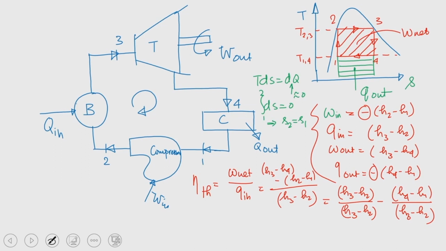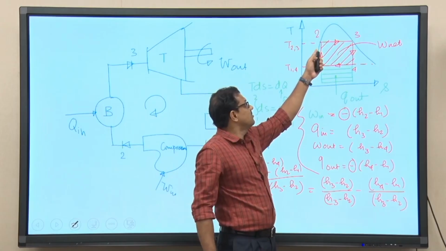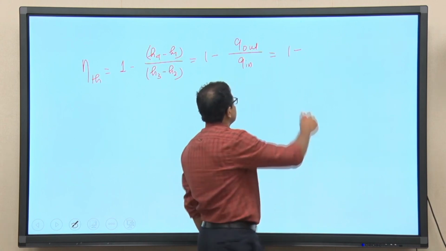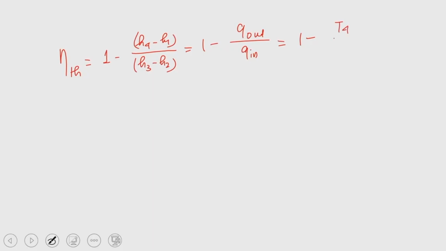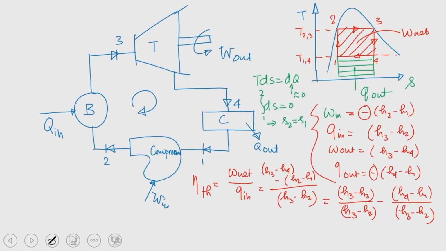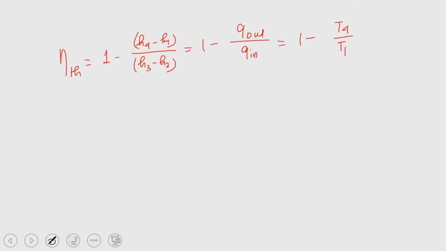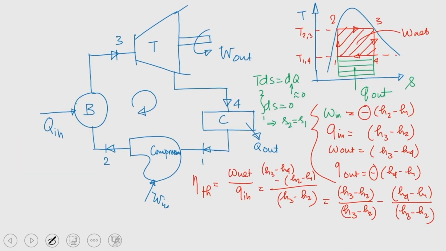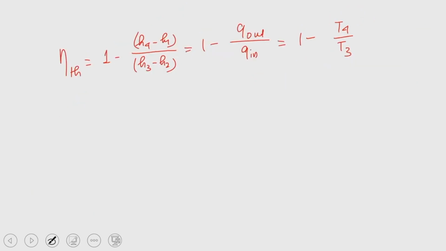So, basically you know that the heat is rejected at a constant temperature, which is T4 or T1, and heat is added at a constant temperature, that is T2 and T3. So, we can write it as 1 minus T4 by T3, or T1 by T2.